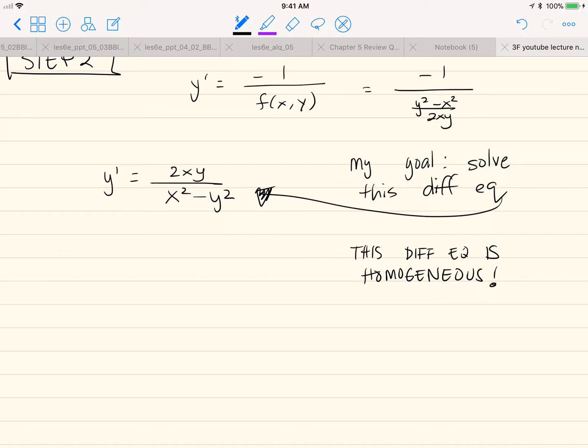And we can use the substitution. Remember, if it's homogeneous, we use a substitution, v equals y over x. So we can use the substitution v equals y over x, y equals xv. Y prime is going to be x v prime plus v.